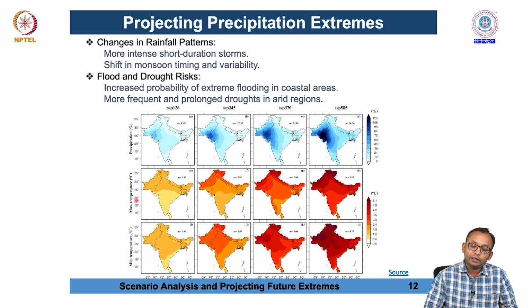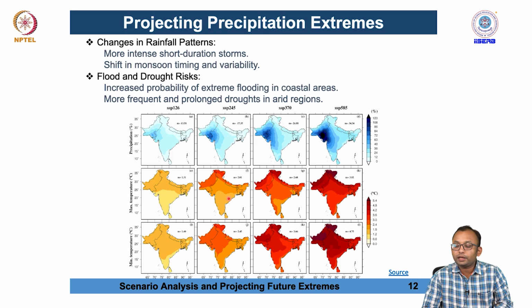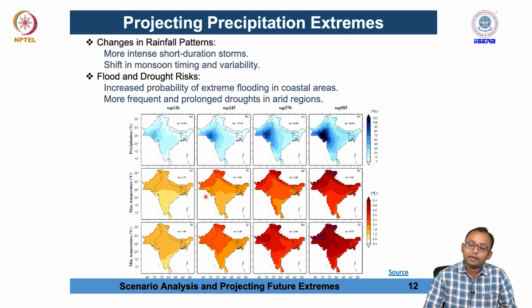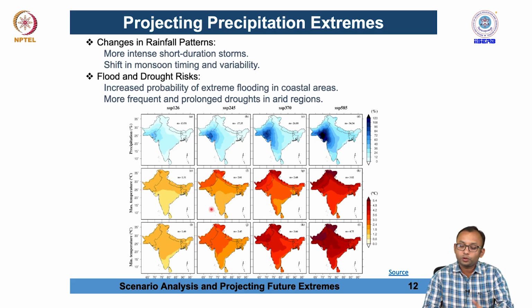Then there is another case when we are talking about maximum temperature, and we can see that as we increase the scenarios, it tells that the maximum temperature is also likely to increase in the future conditions.